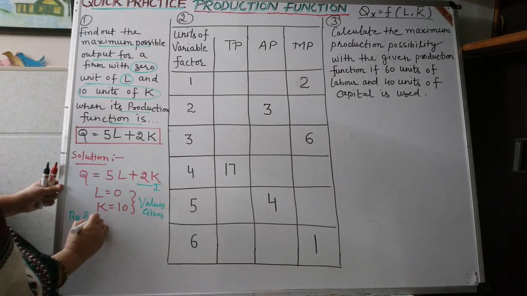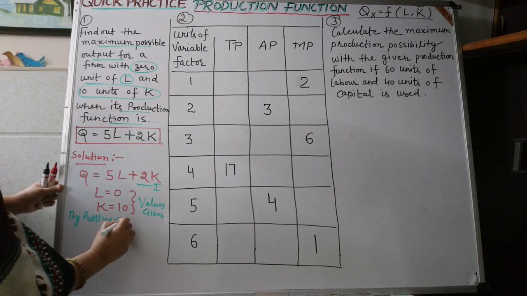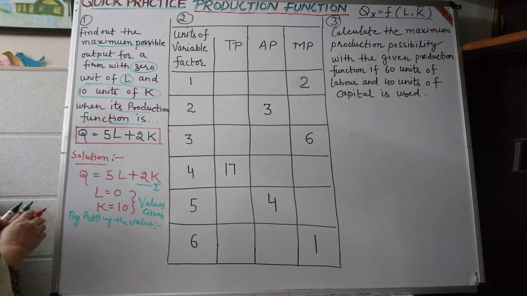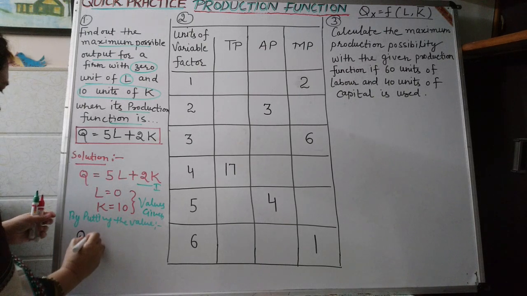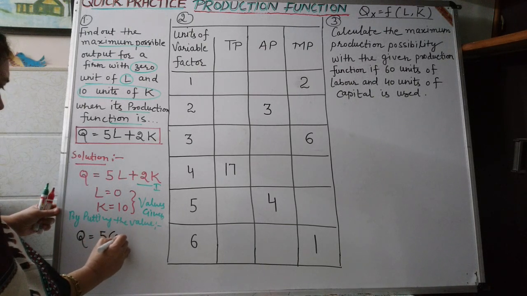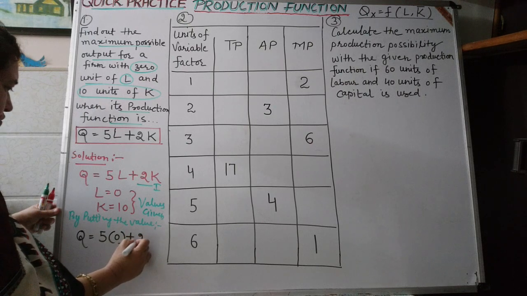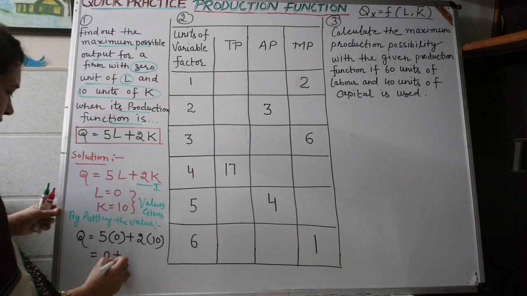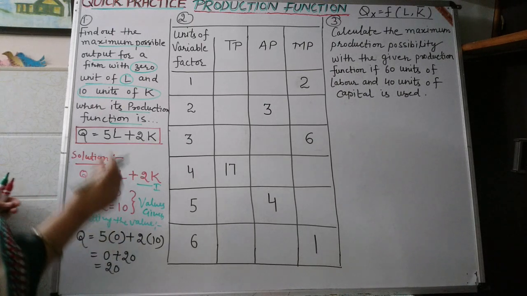By putting the values, we get Q is equal to 5 multiplied by 0 plus 2 multiplied by 10, is equal to 0 plus 20, is equal to 20.